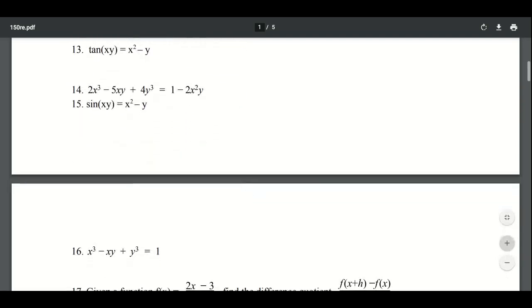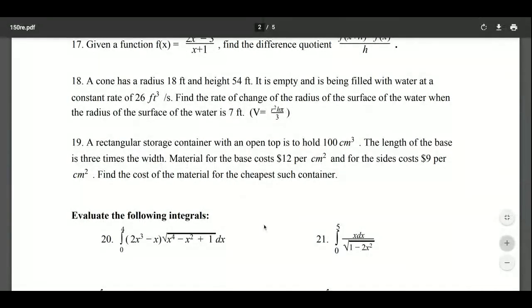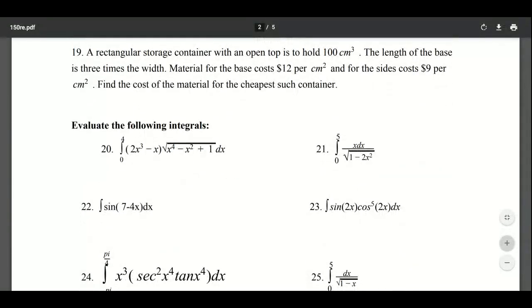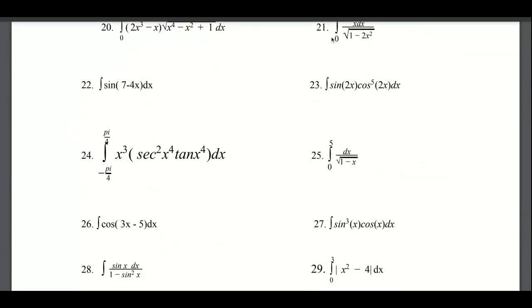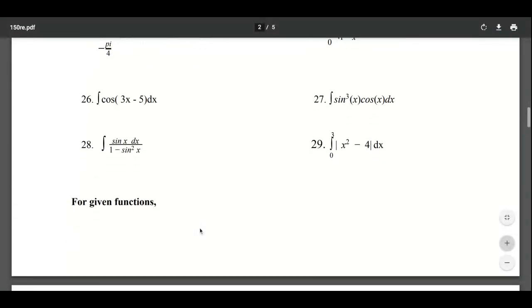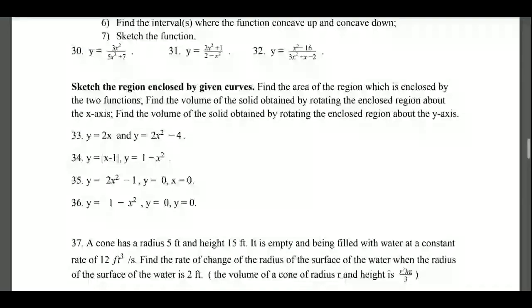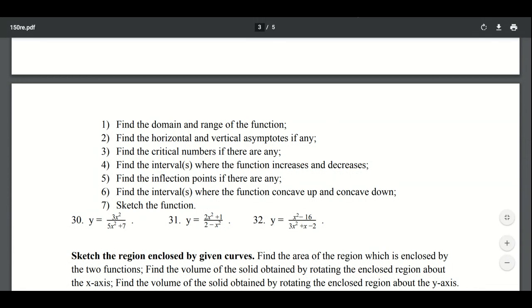All right, review sheet. Some of the questions have been presented already, but we're still left with many questions not presented yet. So hopefully we can present all of those questions, especially this graphing. No one so far has tried to present 30, 31, 32 yet. That's a big part of this class. So I need people to show those.